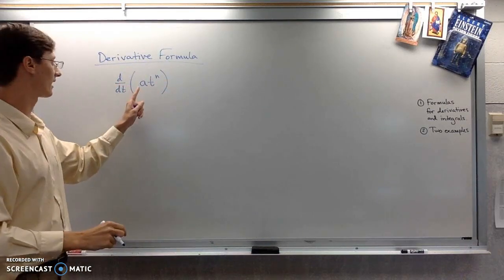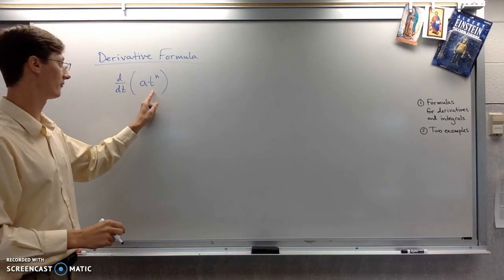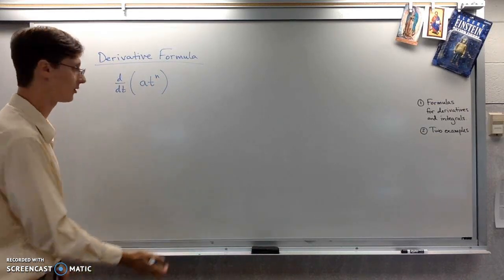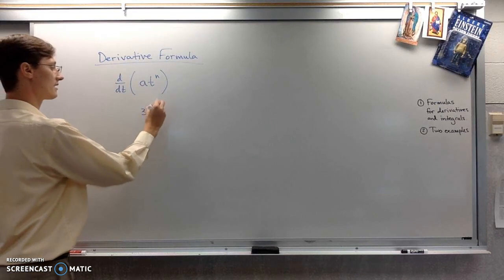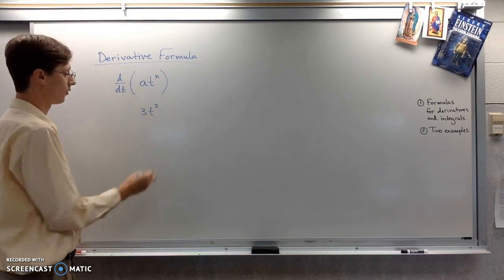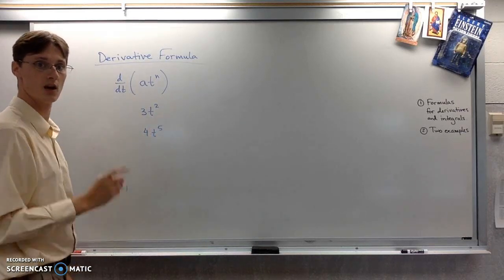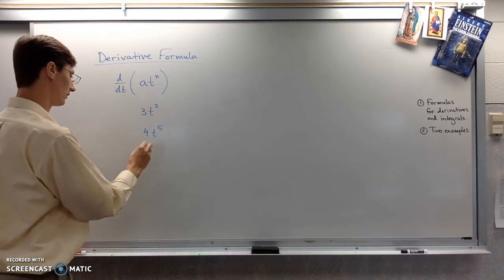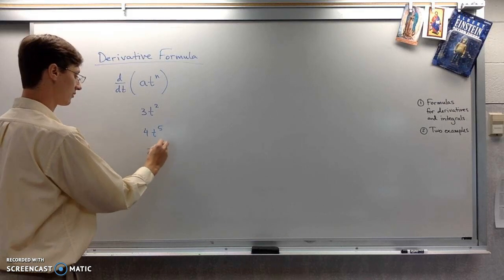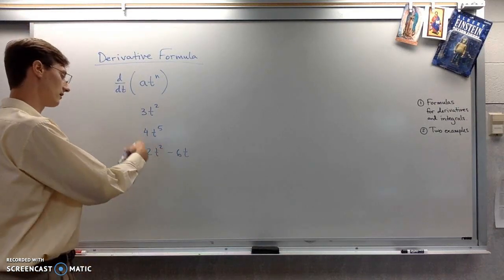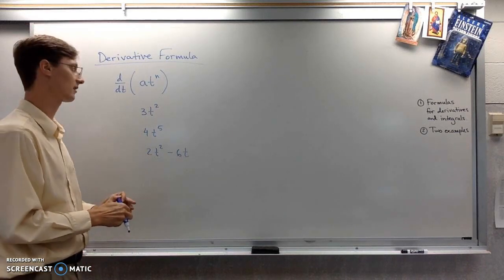So in other words, it's like a constant times a variable to some other constant. So for example, 3t squared, or 4t to the fifth. We will even look at some that are like 2t squared minus 6t. Okay, and those you take the derivative of the exact same way.